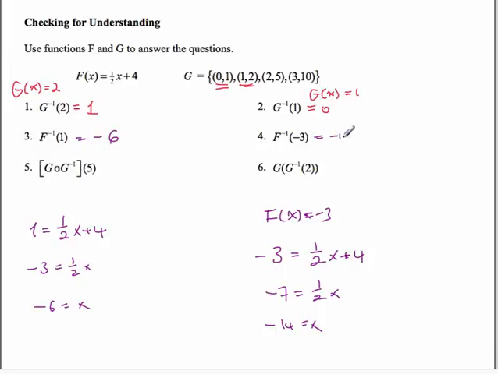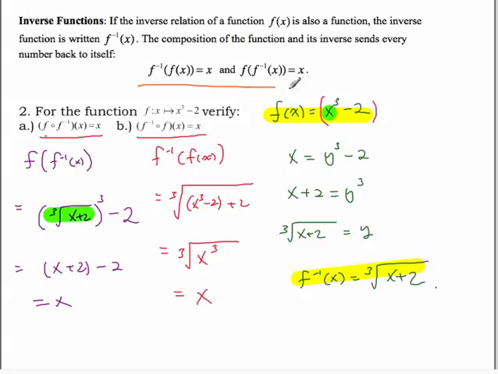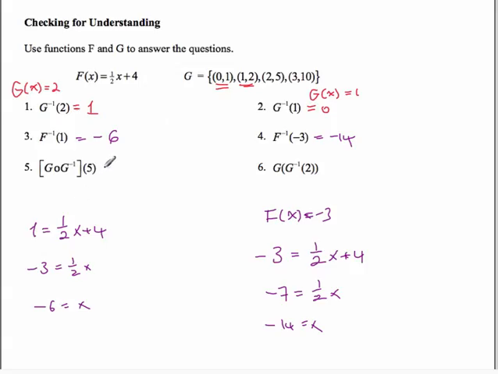So that's going to be negative 14. Now the last two questions, we don't need to do anything because this is a composition of the inverse and the original function. So here we talked about that composition gives you the identity function. So this is going to be 5 and this is going to be 2.